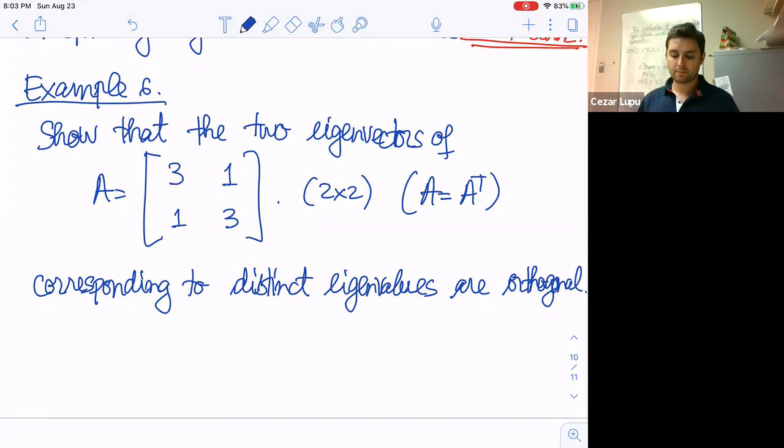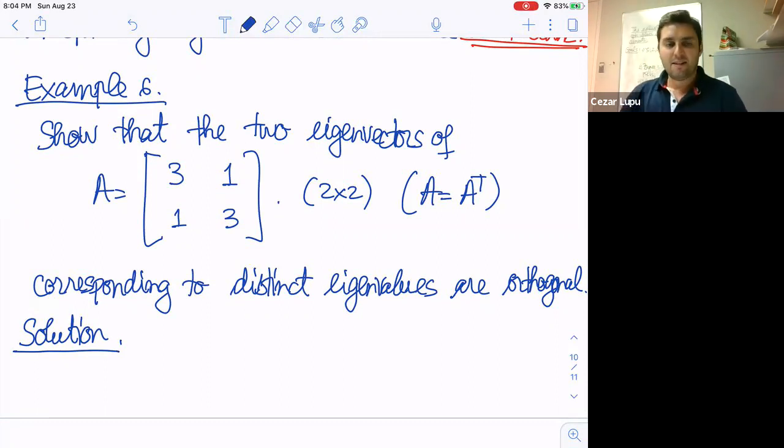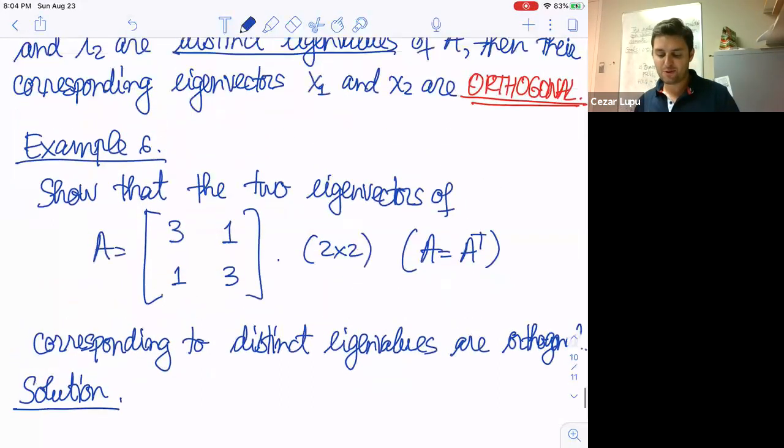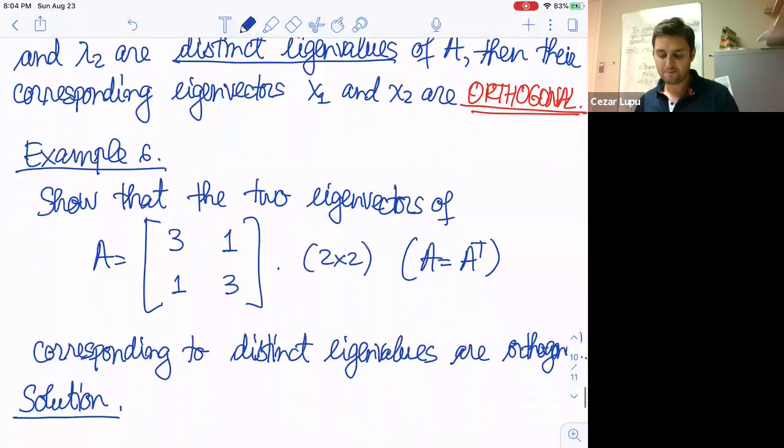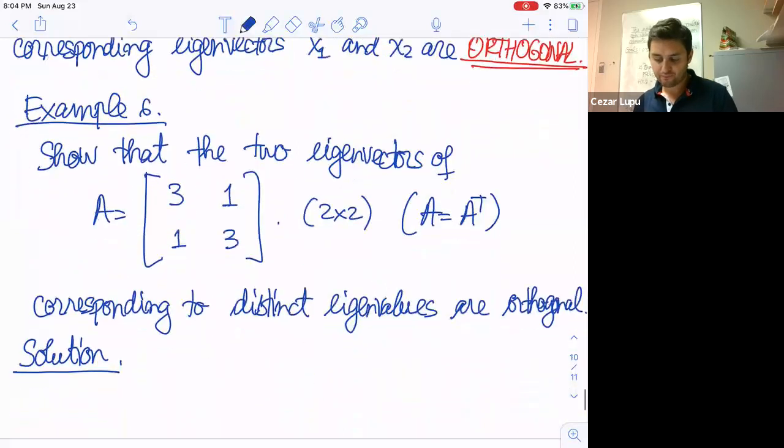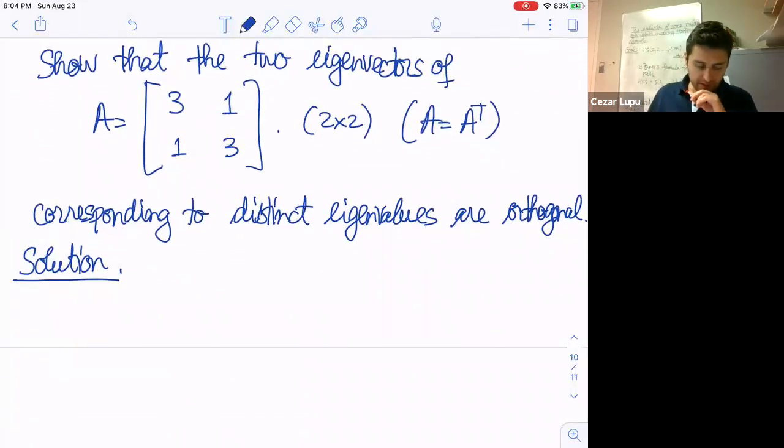We want to see the truth of the above theorem through this example.